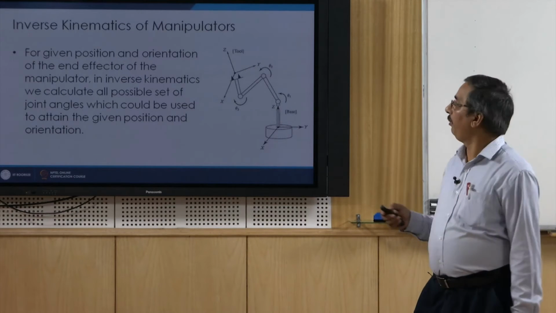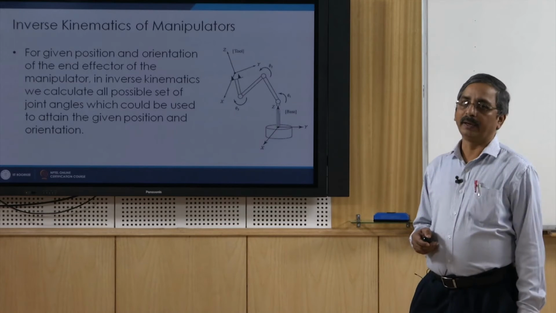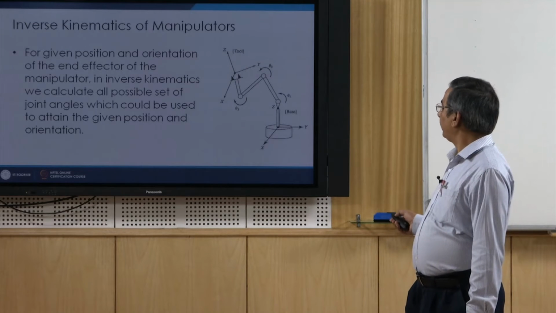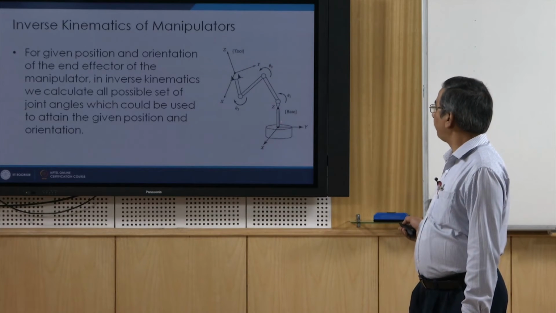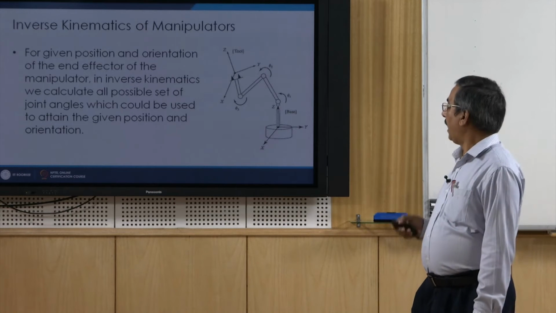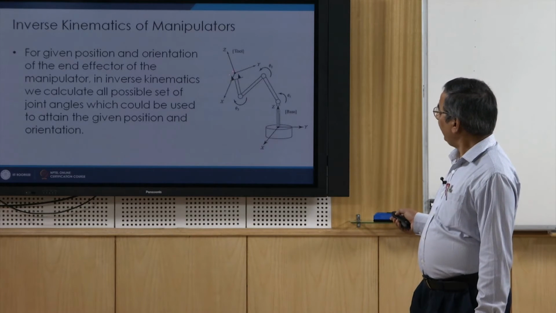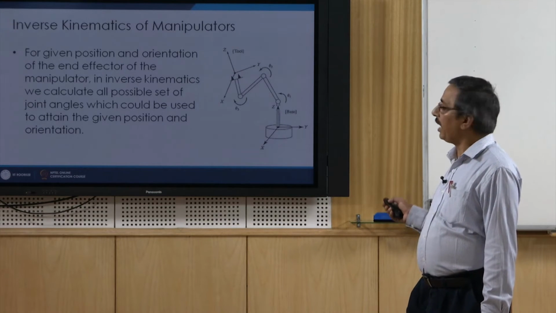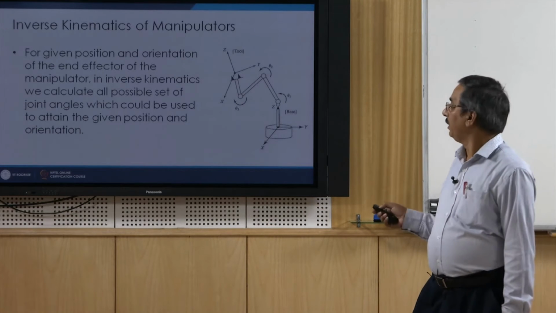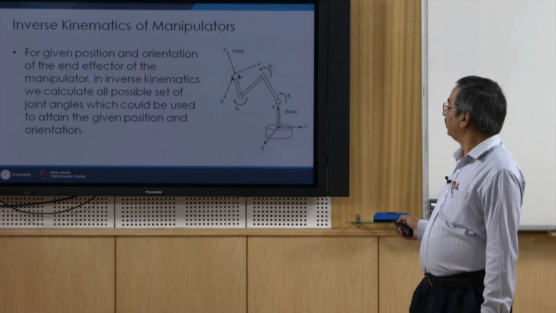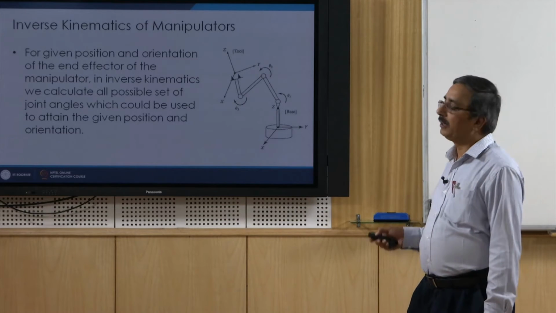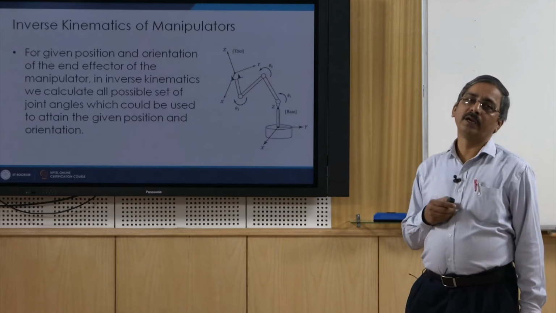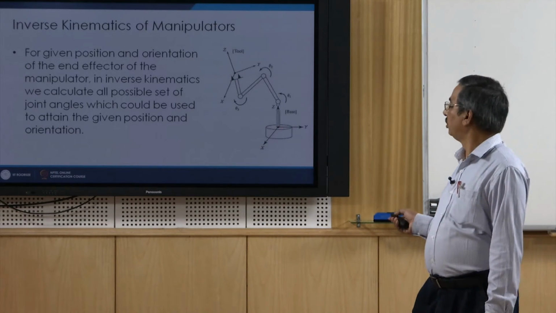Now, let us see what we mean by the inverse kinematics of the manipulator. Here, as you can see in this figure, again the manipulator is there, and we have the two frames, that is the base frame and the tool frame. Now, the question is: if the tool frame position and orientation are known, then in inverse kinematics we are interested in finding out the different joint angles which will give us that position and orientation of the tool frame with respect to the base frame.